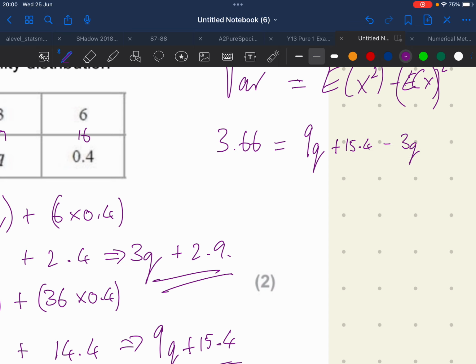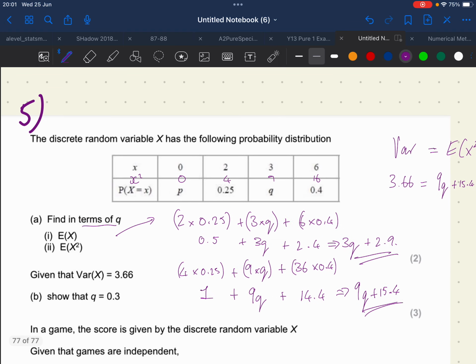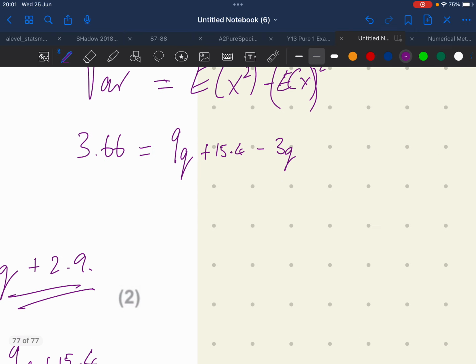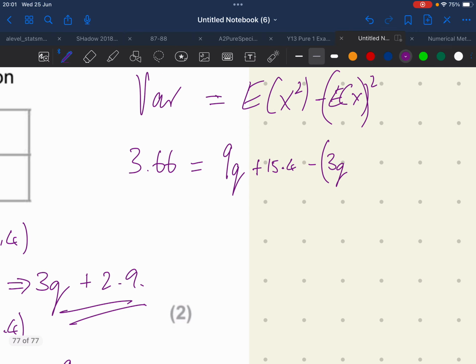Hang on a minute. I'm not going to find Q, am I? Sure that Q equals this. Oh, yes, I will. It's just the squareds that are going to disappear. So minus 3Q plus 2.9 squared.